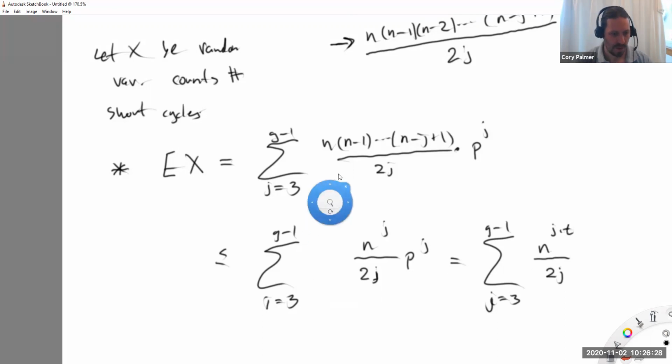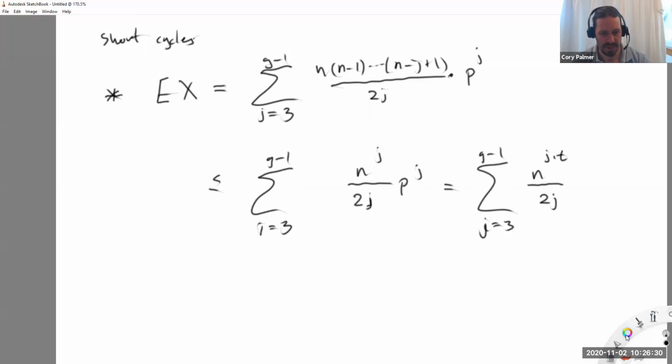Why is that? Remember what p is. P is 1 minus t, raised to the j, or let's look at it this way. We have np all raised to the j. N times p is n times n to the 1 minus t. Wait, I feel like there should be a negative sign here.